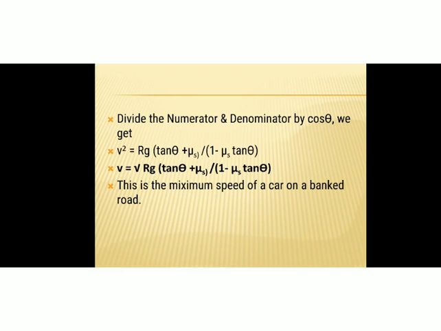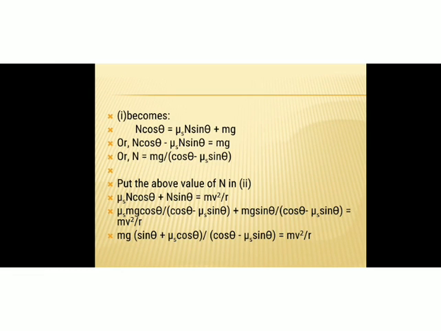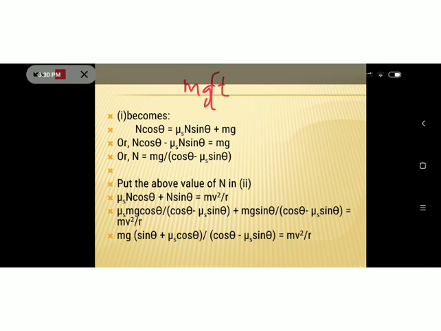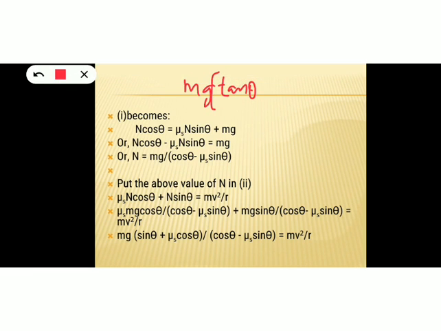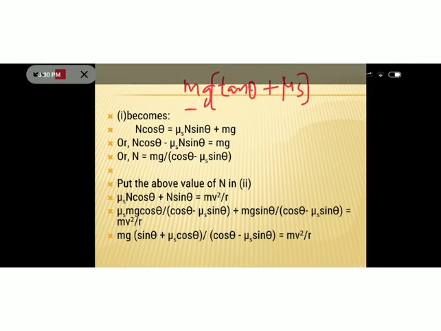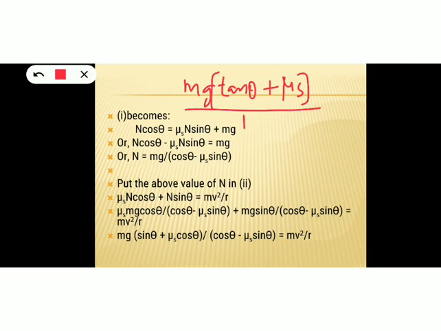Okay, now again you need to find out the expression for v square. So here when you divided each term with cos theta, you got mg into tan theta plus mu s by 1 minus mu s tan theta equal to mv square by r, isn't it?